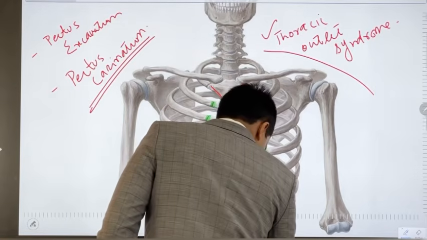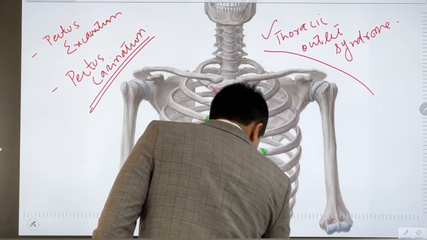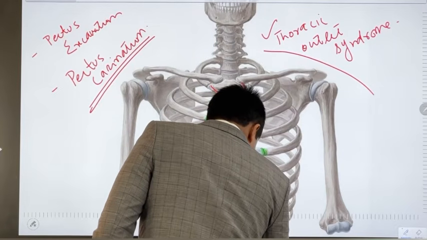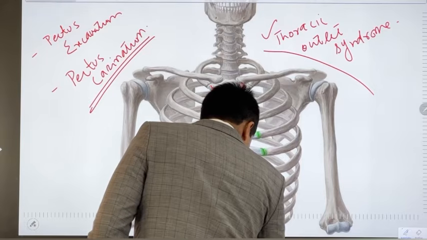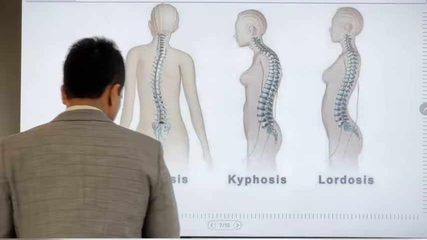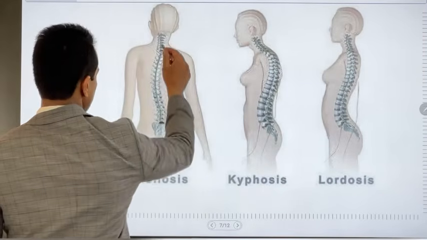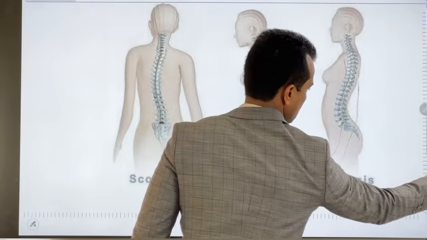And then you have to understand some spine deformities also, like what is scoliosis, what is kyphosis. Let me show you another structure. In this image you can see that this is basically the picture of scoliosis.